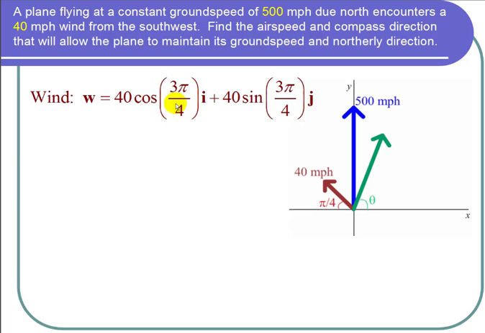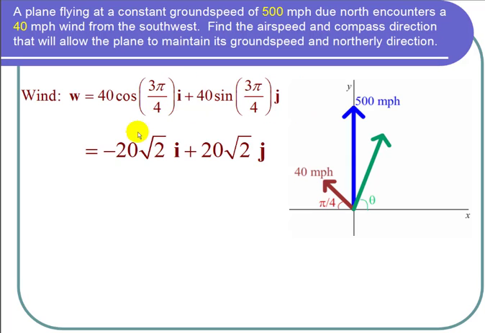The cosine of 3 pi over 4 is negative root 2 over 2, and 40 times negative root 2 over 2 is negative 20 root 2. So I get negative 20 root 2 i, and then 40 sine 3 pi over 4 is 20 root 2, so I get plus 20 root 2 j.